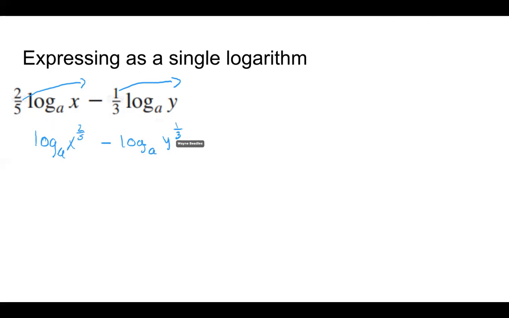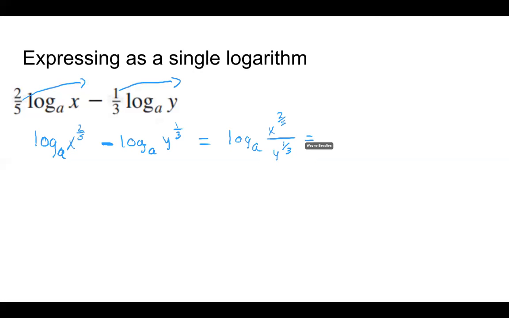Because we're trying to combine this, we want to write it as log base a of x to the 2/5 all over y to the 1/3. Because this is subtraction, it's division, and if they don't accept this answer, then you have to go further with it.